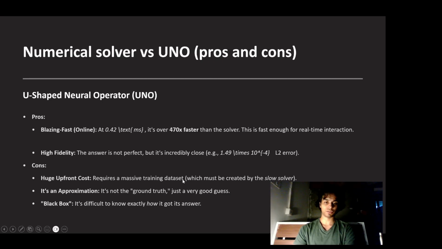So the real question that we need to ask is how bad is the L2 error? In this case, it's 1.49 times 10 to the power minus 4, which is extremely close, right? If it maintains these kinds of numbers, then it's perfectly viable for most use cases. If it does not, that's where there's an issue.